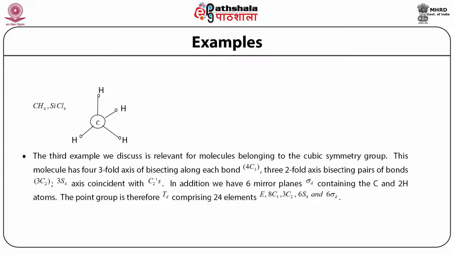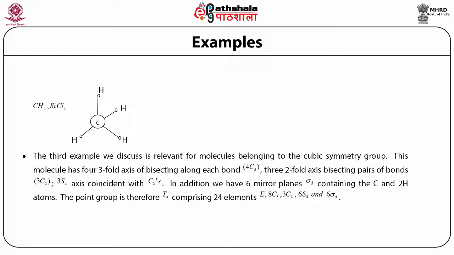This molecule has threefold axes of symmetry, and in fact, there are 4 threefold axes which lie along the line through each bond. So you have 4 C3. Then you have 3 twofold axes of symmetry along the axis which bisects the pair of bonds. So these are 3C2. Then there are 3 S4 axes coincident with the twofold rotations.